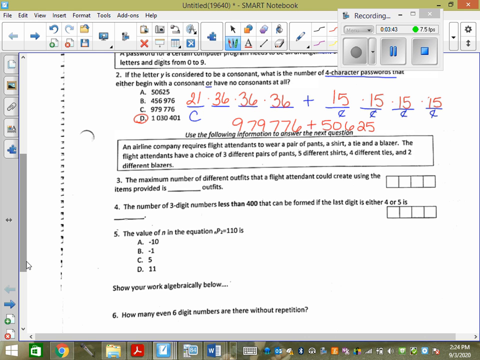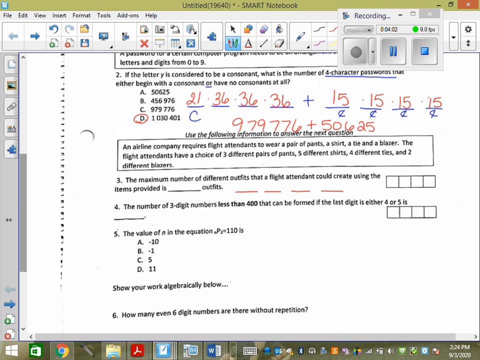The next one, an airline company requires flight attendants to wear a pair of pants, a shirt, a tie, and a blazer. So they're wearing one of each thing, right? If they wear one of each thing, then I can use the blanks. I can use the fundamental counting principle, right? But if I used more than one, I couldn't.